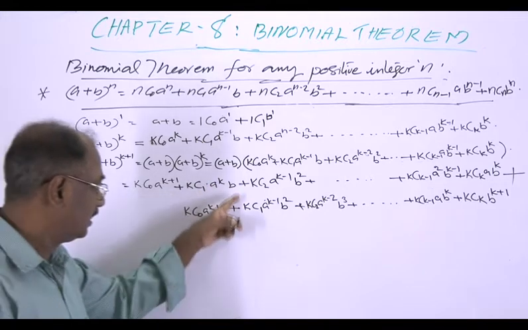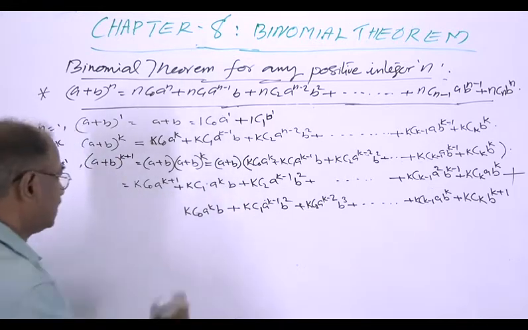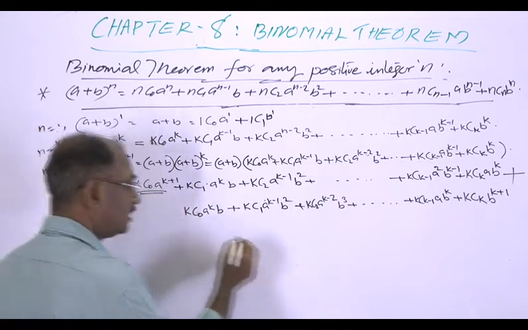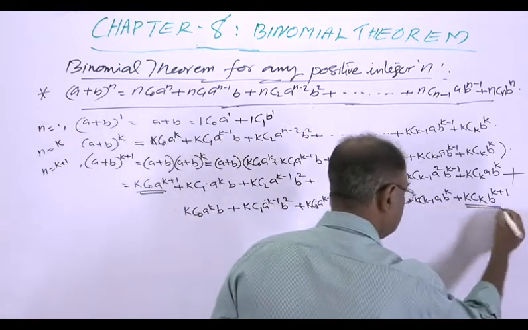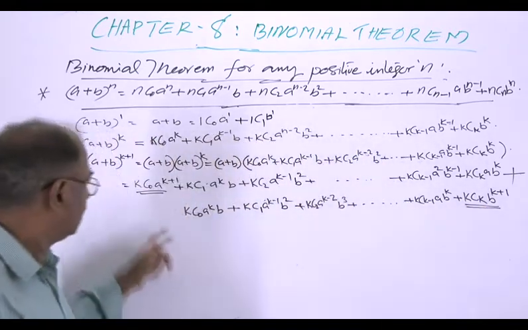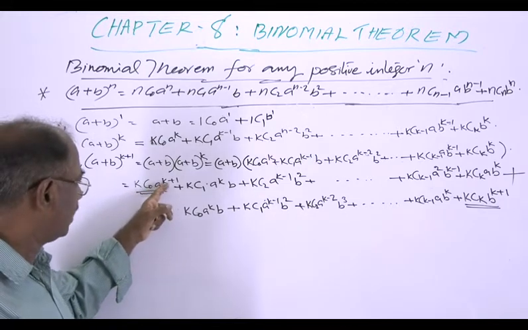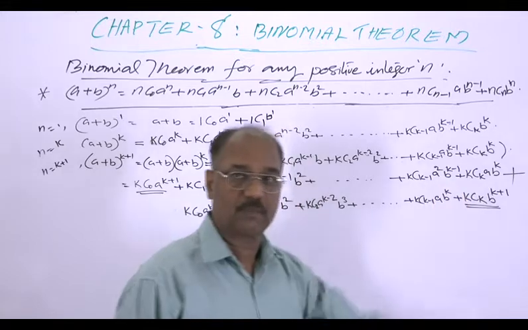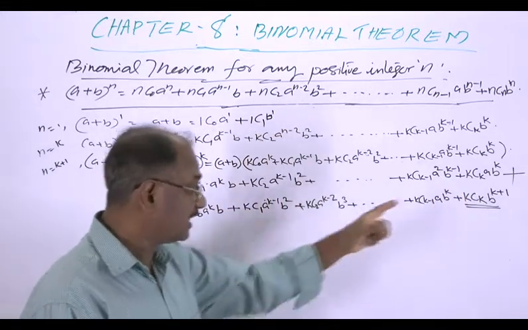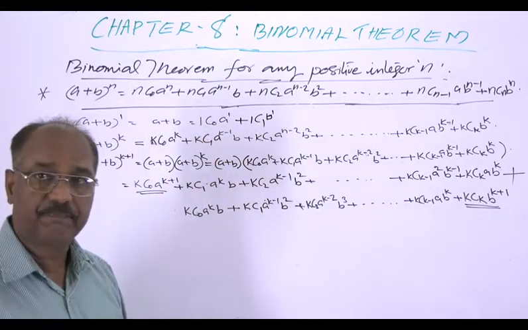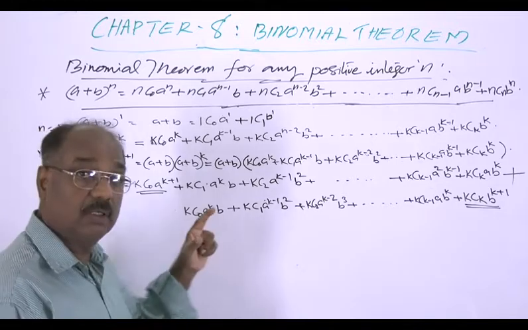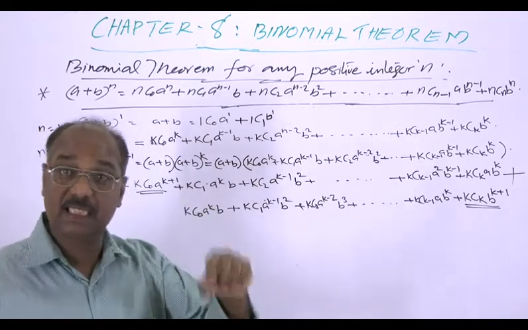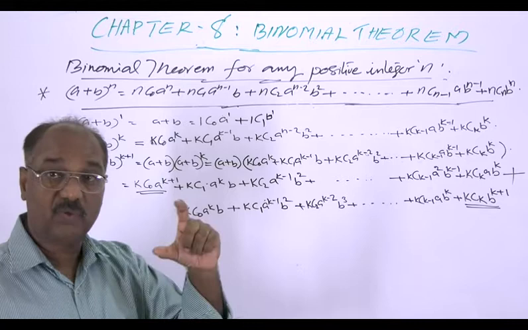So consider this expansion. Consider the first term and the last term: kC0 a^(k+1) and kCk b^(k+1). Except these two terms, we have pairs of like terms.